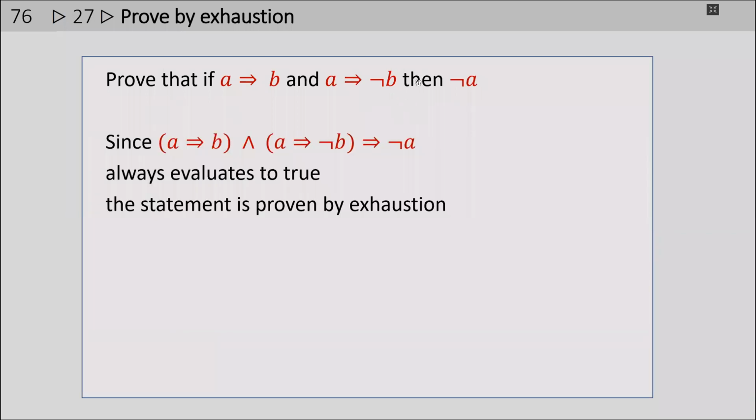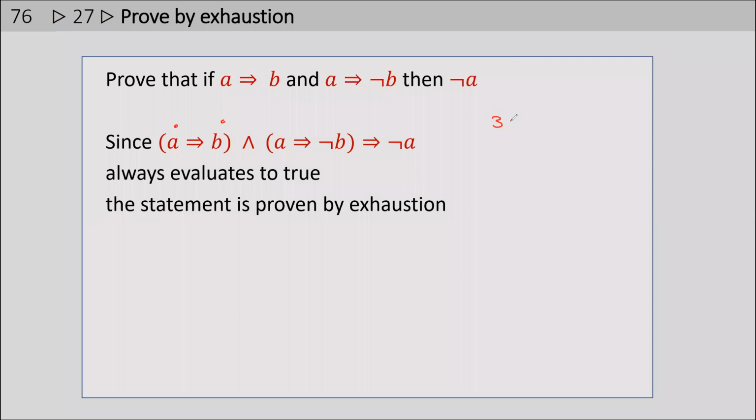Okay? So proof by exhaustion is an easy way to prove things, but be careful, because here we had two variables, so the number of rows in the truth table was 4.